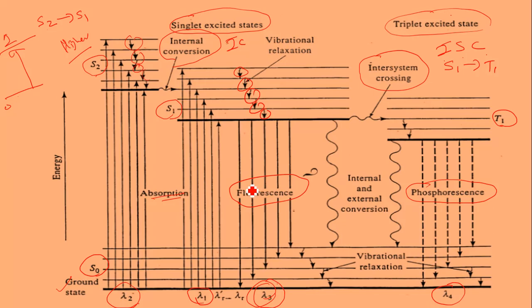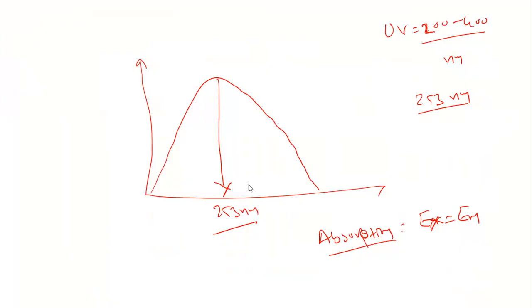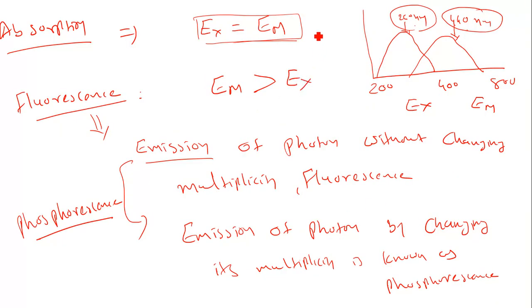Again I am repeating, what is absorption? Absorbance means that the excitation wavelength as well as the emission wavelength are both similar. What is fluorescence? Fluorescence can be defined as the emission wavelength being higher than the excitation wavelength.